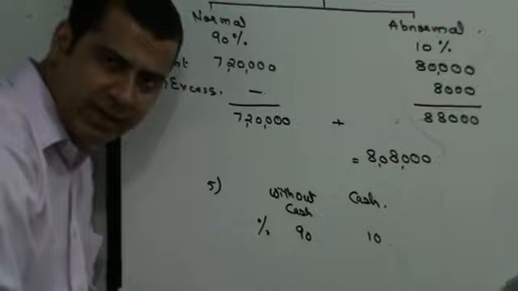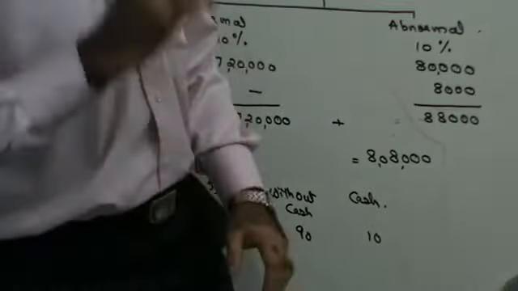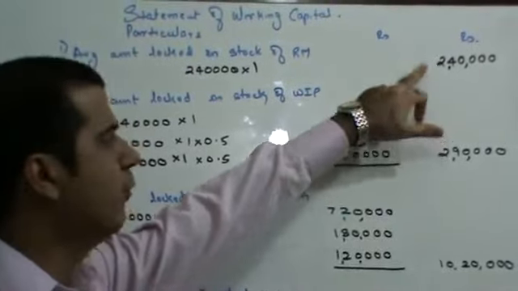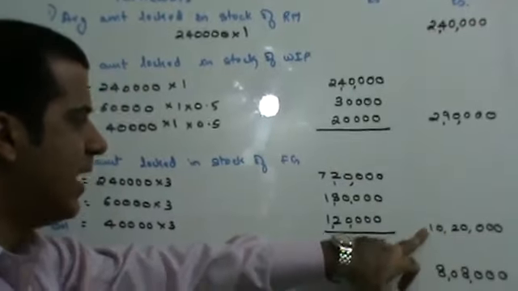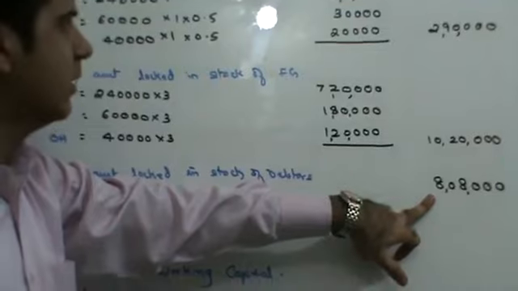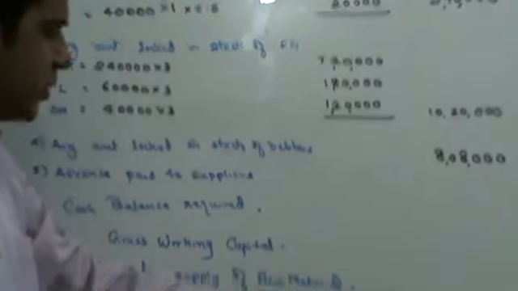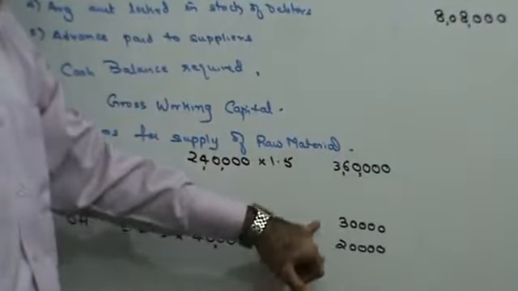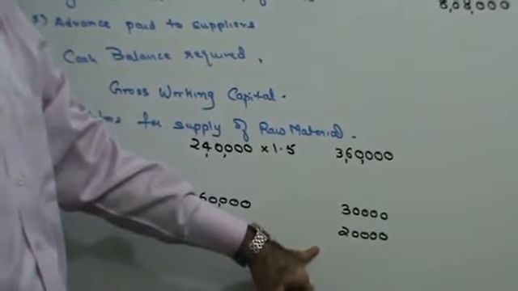What I want you all to do is add 240, 290, 1020, 8,08,000. From that, subtract 360, 30 and 20,000.